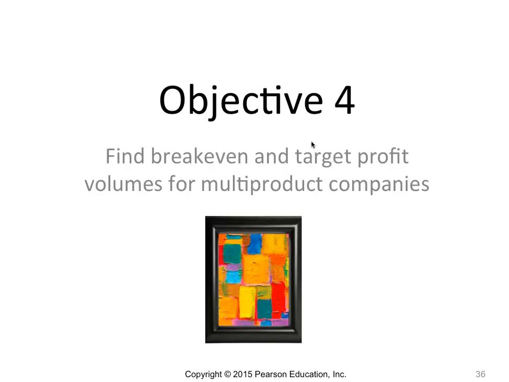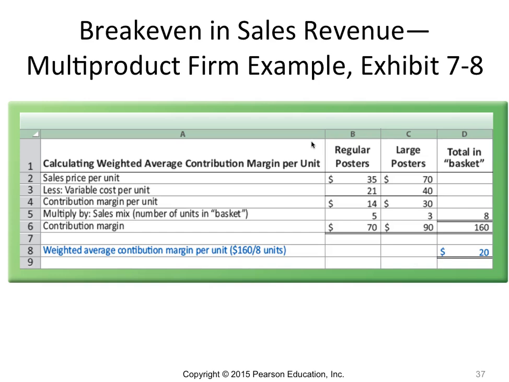Objective number 4: find break-even and target profit volume for multiple product companies. This gets a little bit complicated, but it's exactly the same idea. The only difference is we're applying it from one product to multiple products. This is from an exhibit from the book, and again, I'm not going to go through all of it.